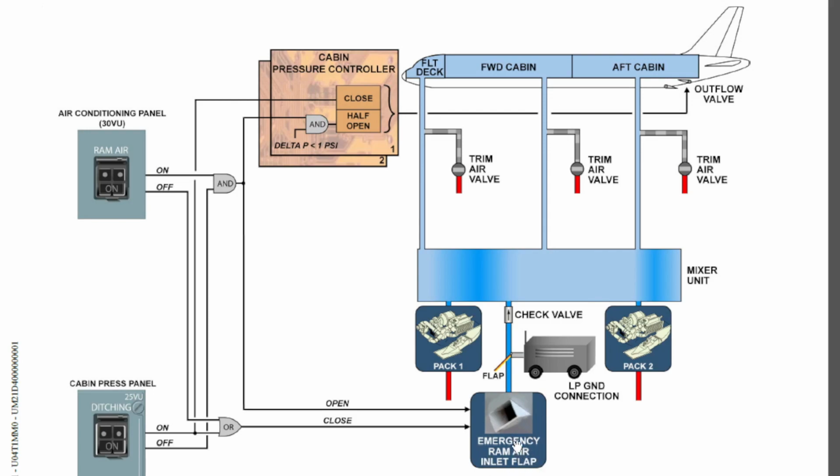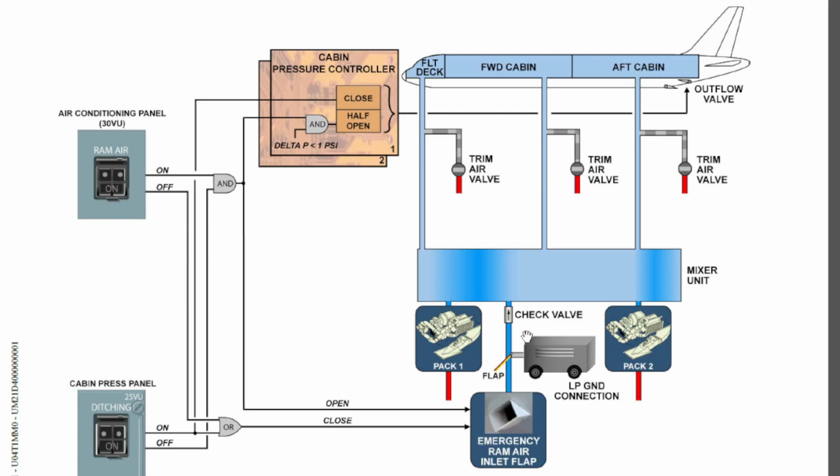This is located on the left hand side of the fuselage, and I told you that the LP ground connection and the ram air emergency flap duct share the same duct. You can see that there's a flap here. If the ground cart is supplying, the flap will close the ram air inlet side, and the supply from the ground cart will go through the check valve into the mixer unit.